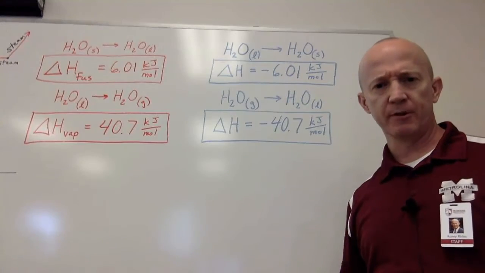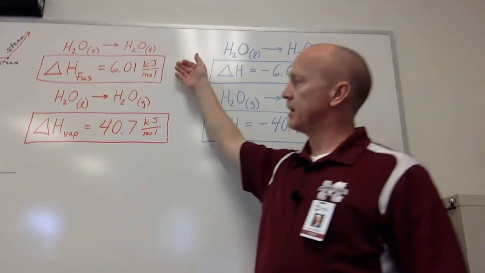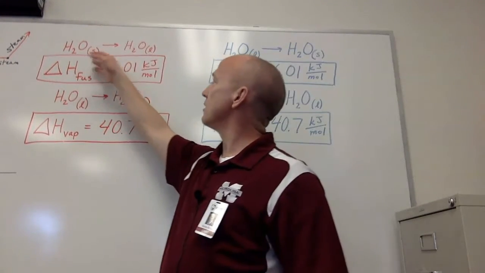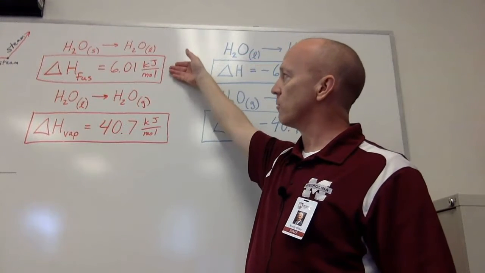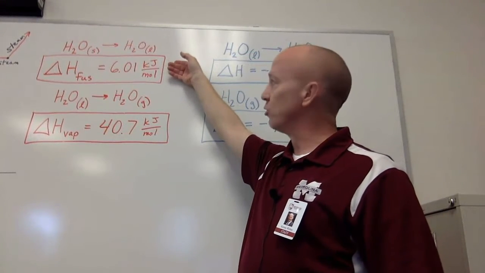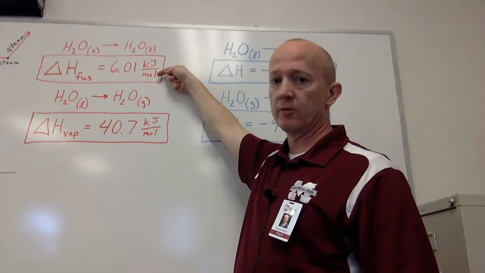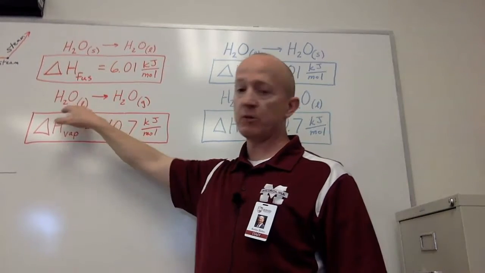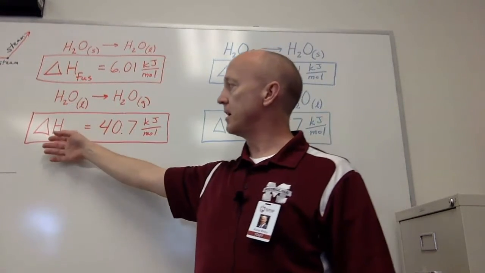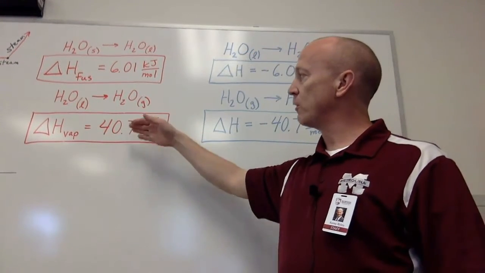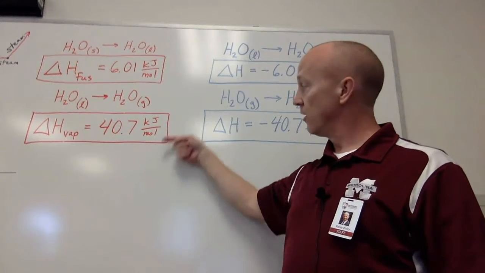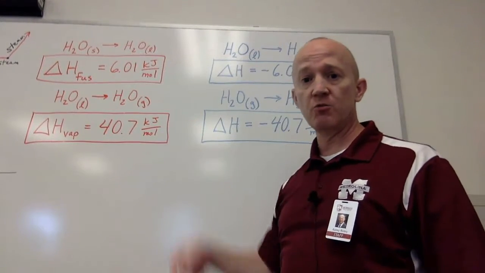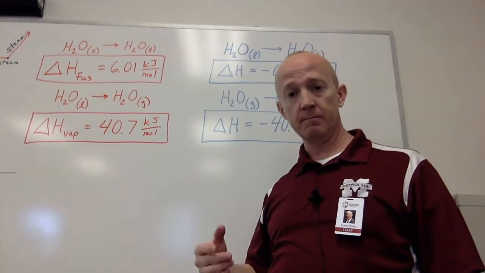So just to recap a little bit, my heat of fusion going from solid to liquid requires that I absorb 6.01 kilojoules for every mole of water that I'm heating. Going from liquid to steam, my heat of vaporization is 40.7 kilojoules for every mole of H2O that I'm converting into steam.